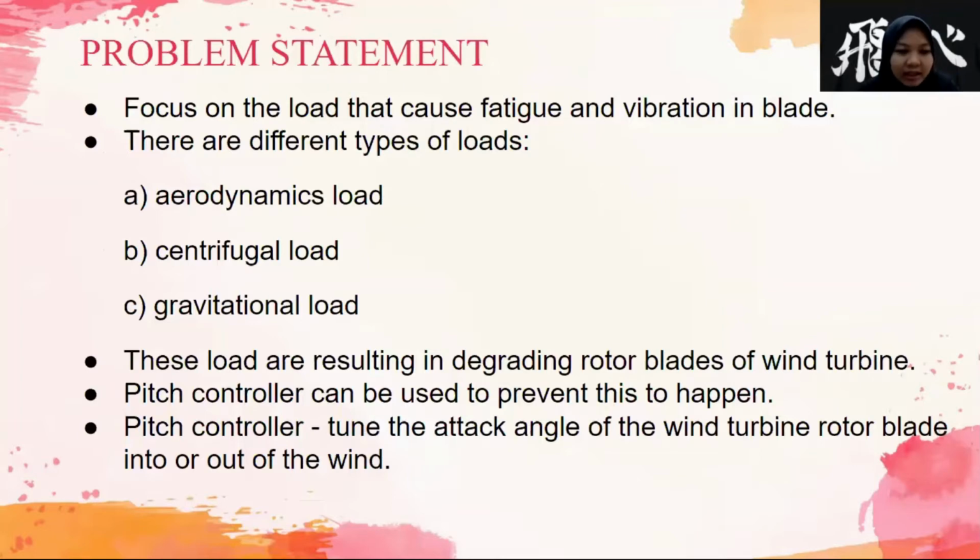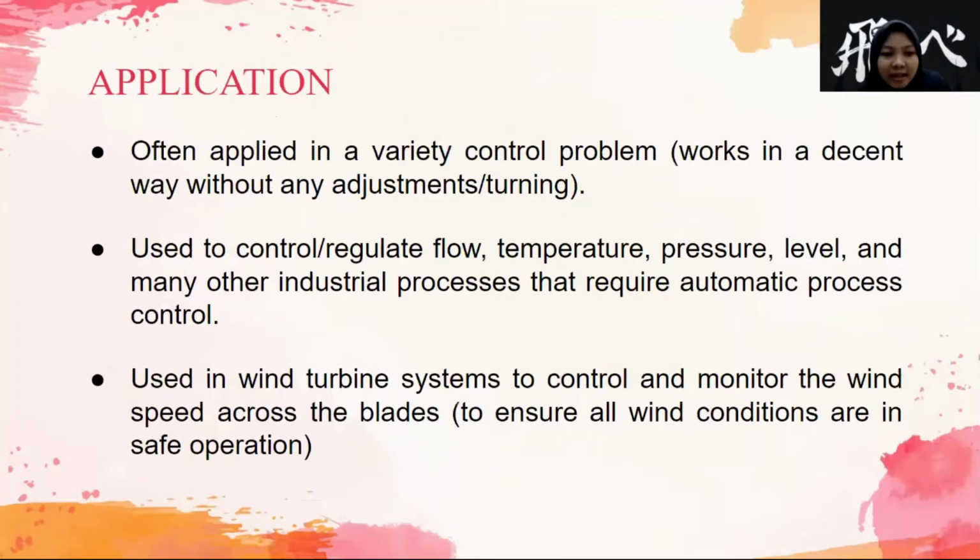All three loads result in degrading of the rotor blade of the wind turbine. By putting in a pitch controller, it will prevent the degrading of the rotor blade, because the pitch controller is able to tune the angle of the wind turbine rotor blade in or out of the wind. Next we'll proceed to my fellow friends.